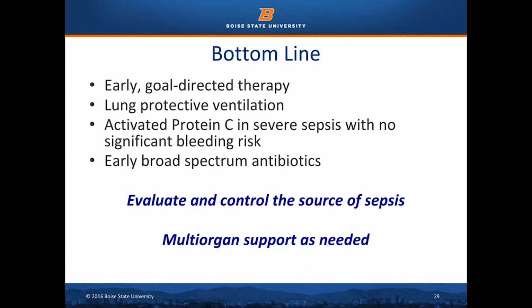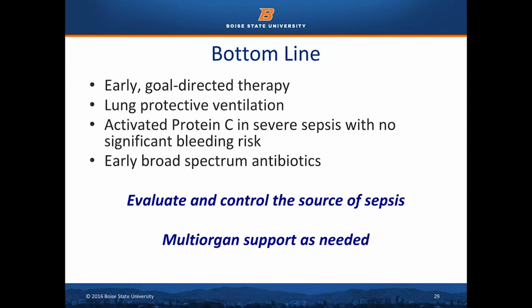So our bottom line is early goal-directed therapy probably improves and saves lives, maybe as much as a 25% decrease in mortality. Lung protective ventilation, definitely. Activated protein C, maybe in non-surgical severe sepsis in young people that have DIC. That's pretty much it. And the most important thing we can do is get early appropriate antimicrobial therapy on board.